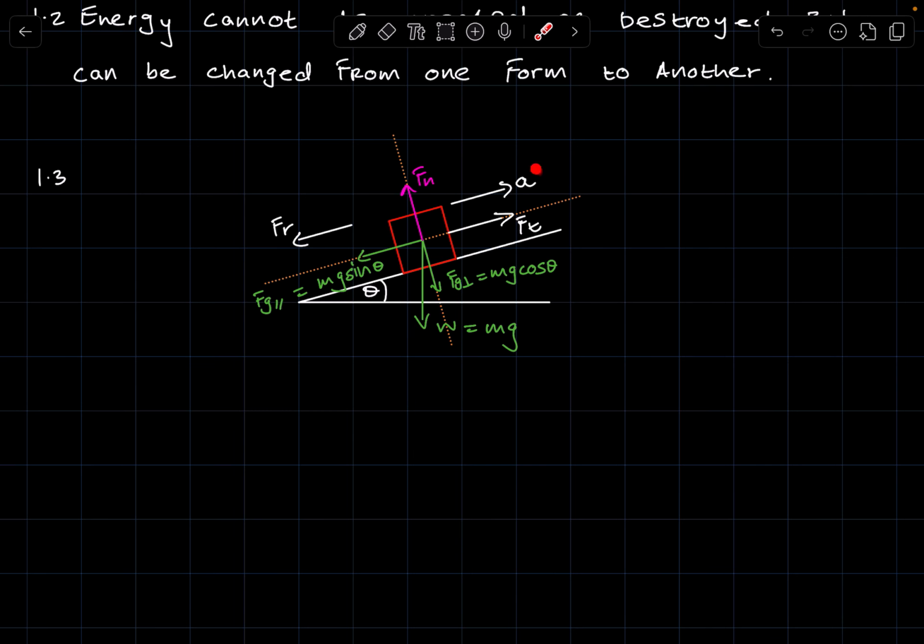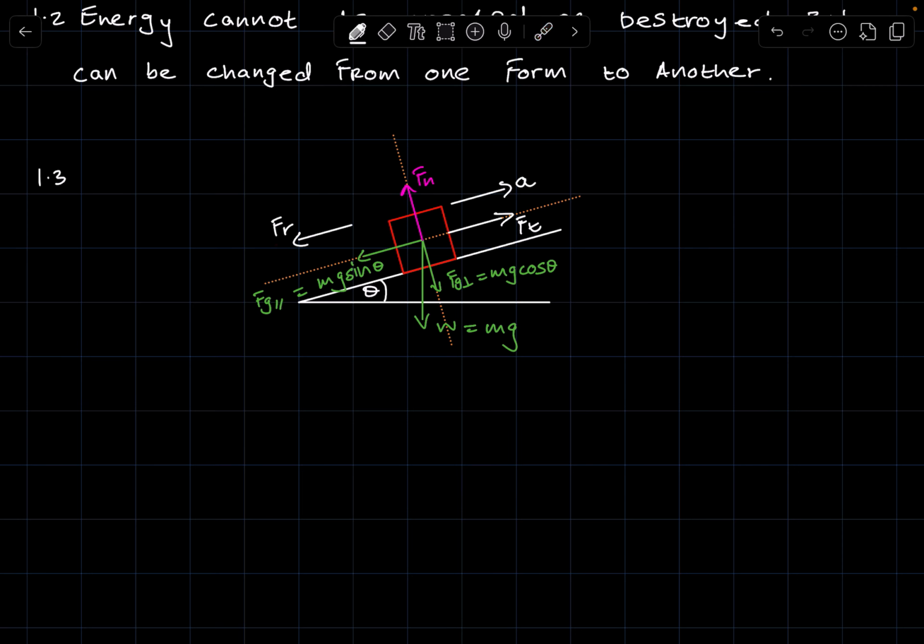Hence the acceleration will be in this direction as well. Remember that the acceleration always heads in the same direction as the force being applied. So the motion is in this direction, and opposing motion, you always get the frictional force.